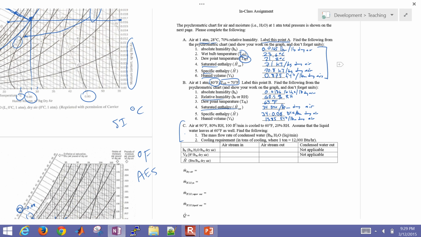We'll find, first of all, the mass flow rate of condensed water, and then we'll find the cooling requirement in tons of cooling. That's the cooling required to make a ton of ice per day, and that's equal to 12,000 BTUs per hour.